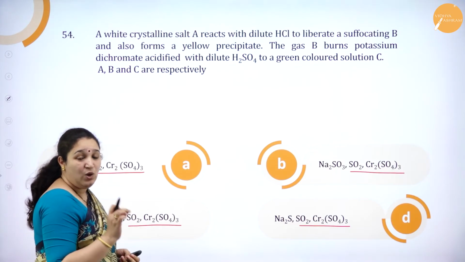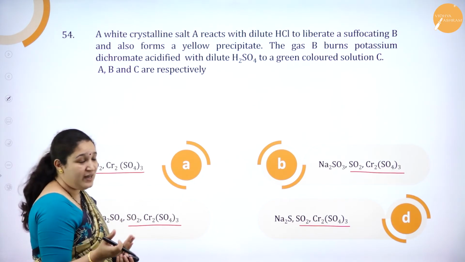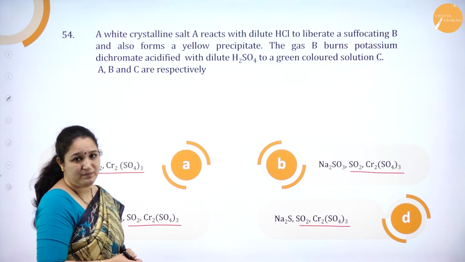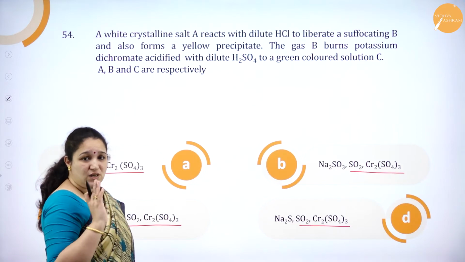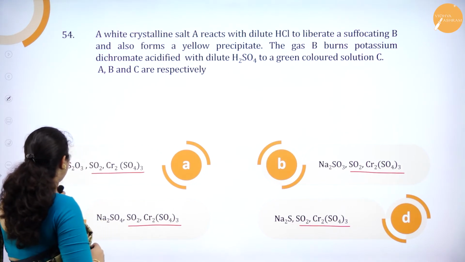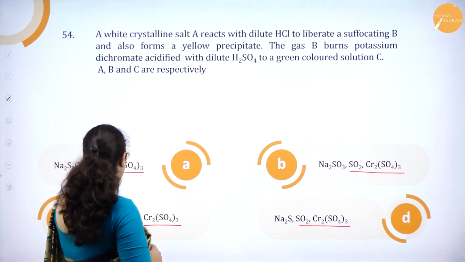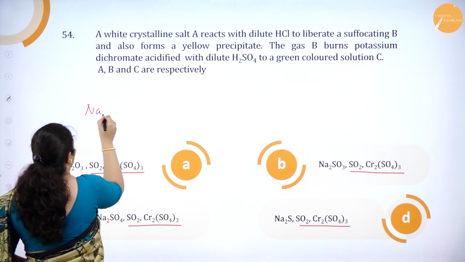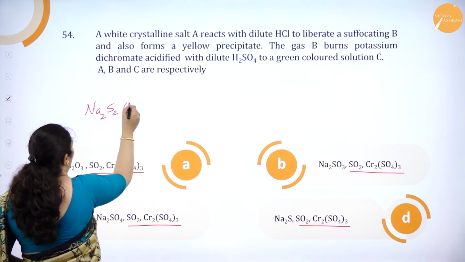What is A, which can give sulfur dioxide gas when it reacts with dilute HCl? Correct? Among these options, Na2S2O3, Na2SO3, Na2SO4, Na2S, it is Na2S2O3.